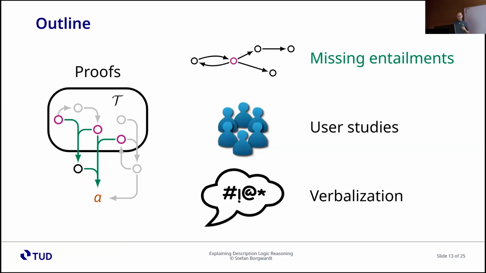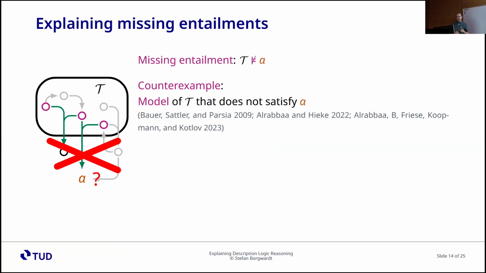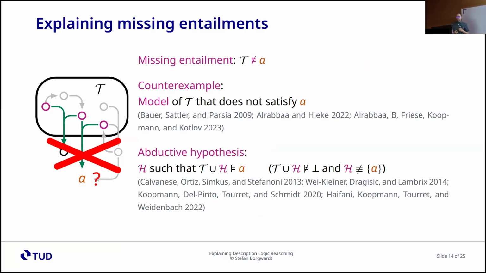Okay, that's the part about proofs. Now let me quickly go through the missing entailments, because again, this is not something I was very much involved in, but it will become relevant later in the talk. So this is also an important question: what do you do when the entailment doesn't follow from the ontology? You can, for example, show a counterexample, a model of the T-box that does not satisfy alpha, which may, however, be quite large, depending on the T-box.